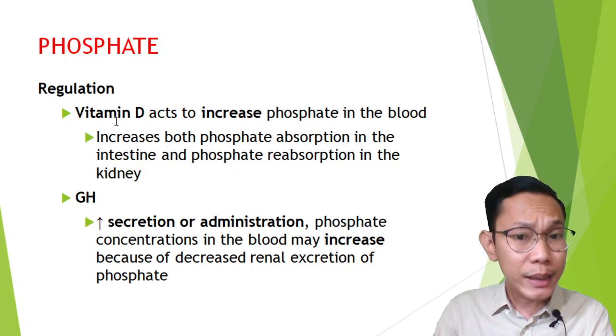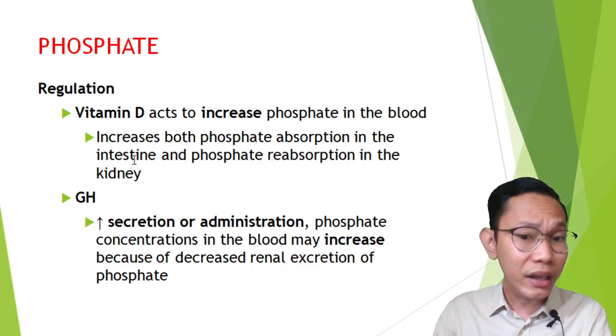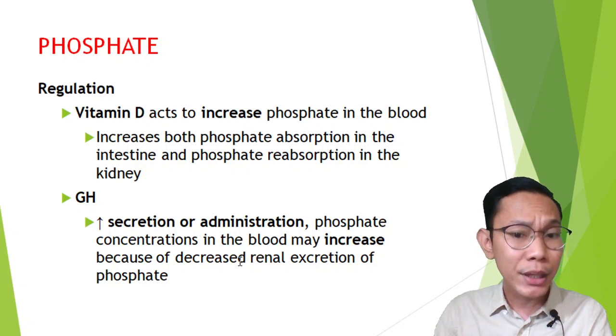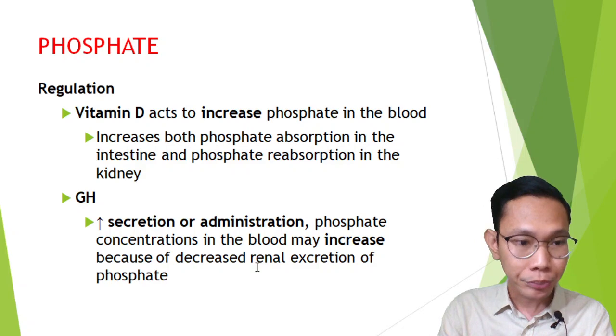So it increases both phosphate absorption in the intestine and phosphate reabsorption in your kidney. How about po yung growth hormone, Doc? So your growth hormone, increased secretion or administration of this hormone, phosphate concentrations in the blood may increase because of decreased renal excretion of your phosphate.